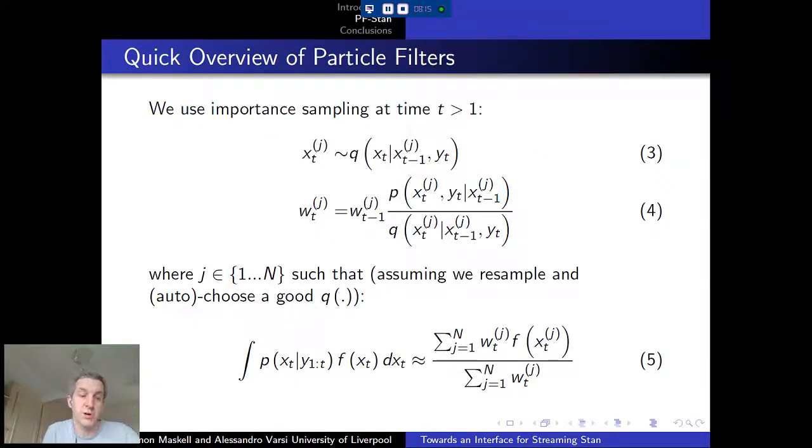So we employ a particle filter. I won't talk about how it initializes at t equals 1 because that's less exciting. What we do is we sample x_t, or the j-th sample of x_t, by taking the j-th sample of x_{t-1} and y_t, and then coming up with some distribution q over x_t, and we sample from that.